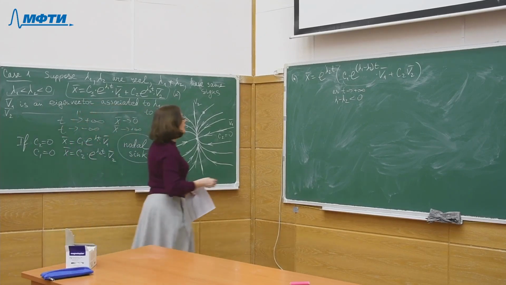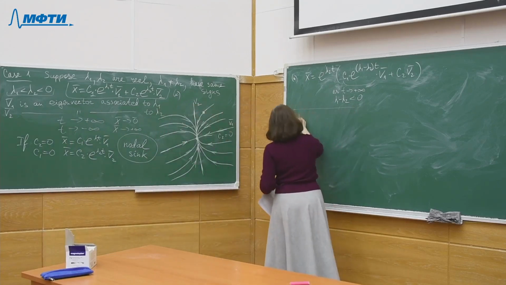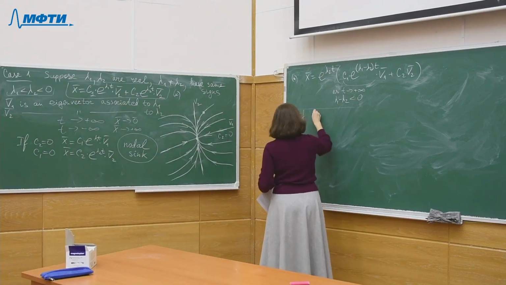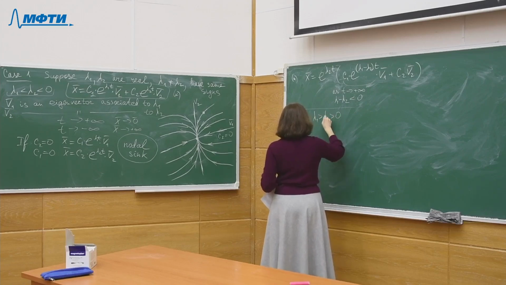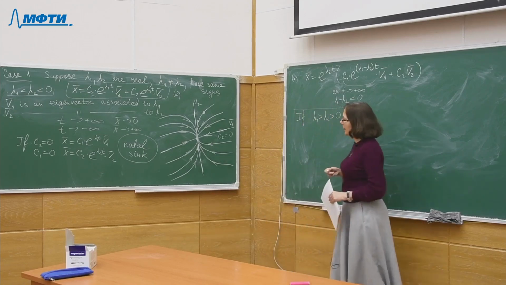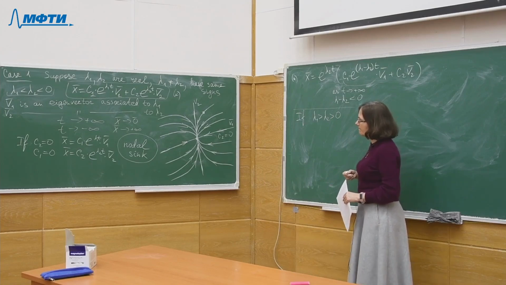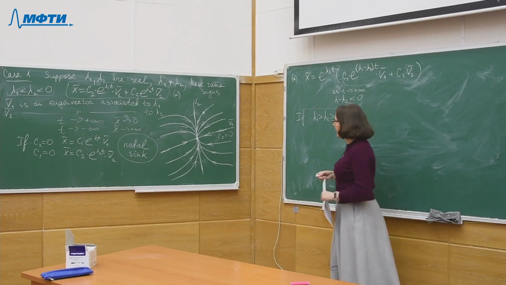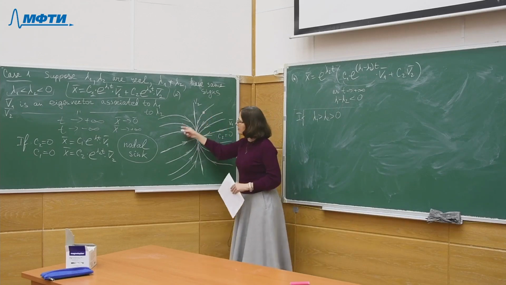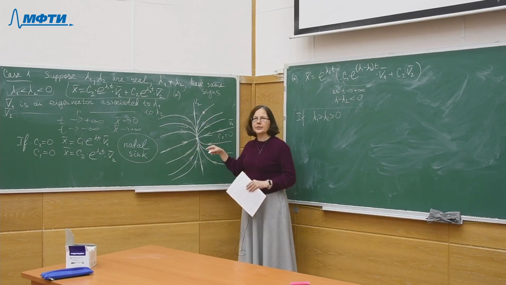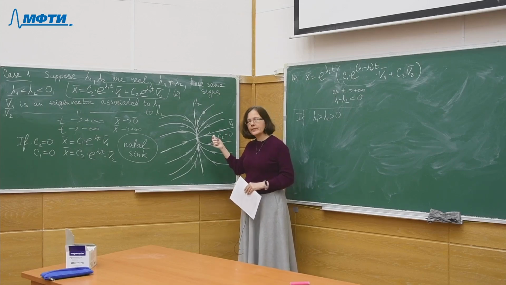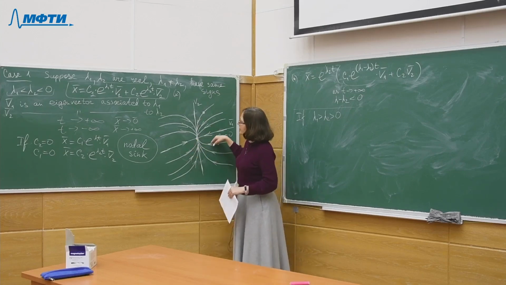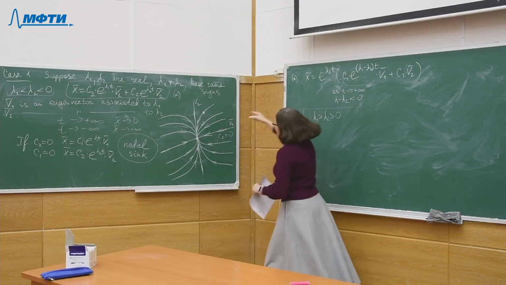Okay, so if lambda 1 is greater than lambda 2 greater than 0, then the form of phase trajectories will be the same, but the direction of motion will be reversed, right? The formula will be the same.